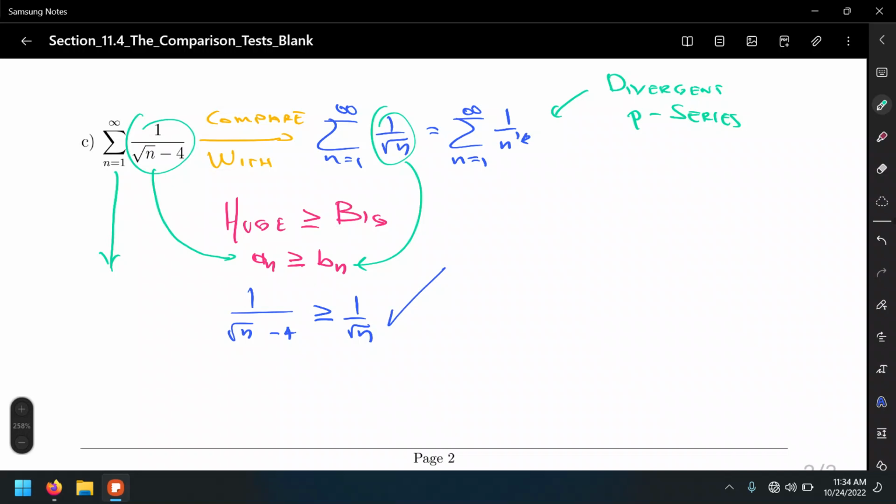It diverges by comparison, because this time we managed to show huge is greater than big by comparing with a divergent series. So the original series will do exactly whatever the test series does, which in this case is to diverge. So diverges by direct comparison test.